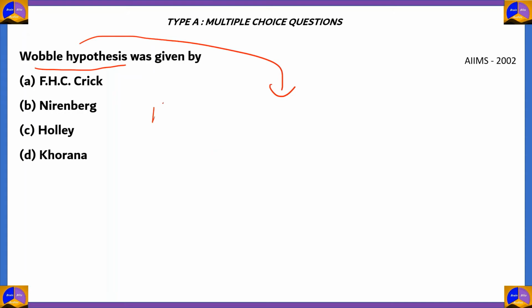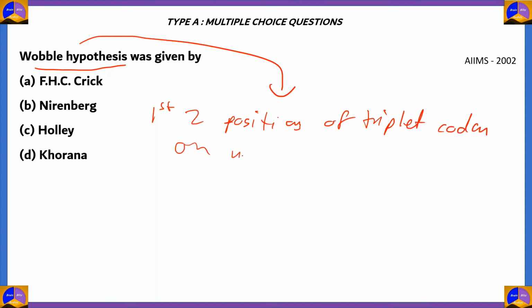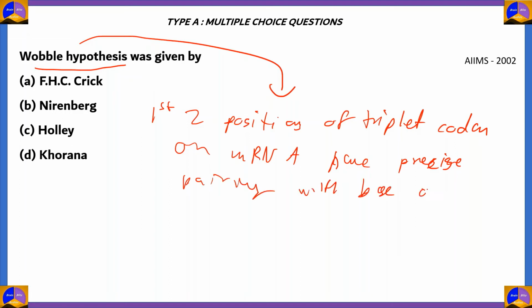The Wobble hypothesis says that the first two positions of a triplet codon on mRNA have precise pairing with bases of the tRNA anticodon.